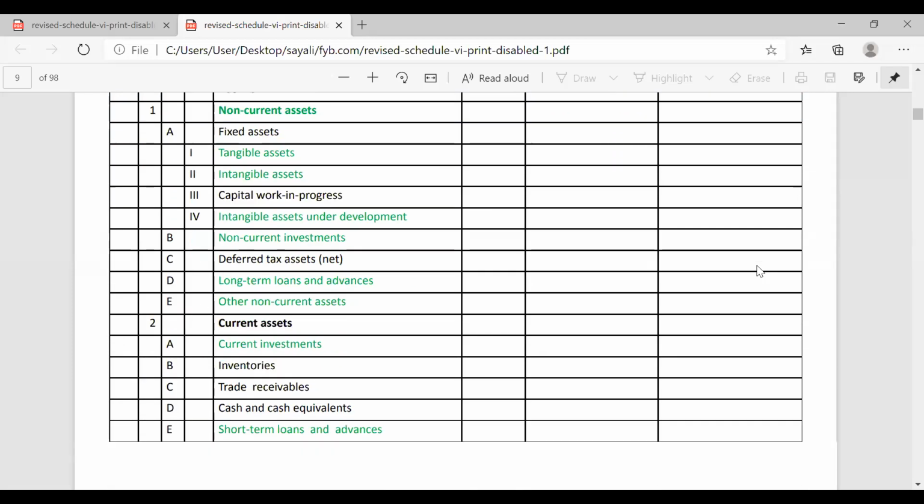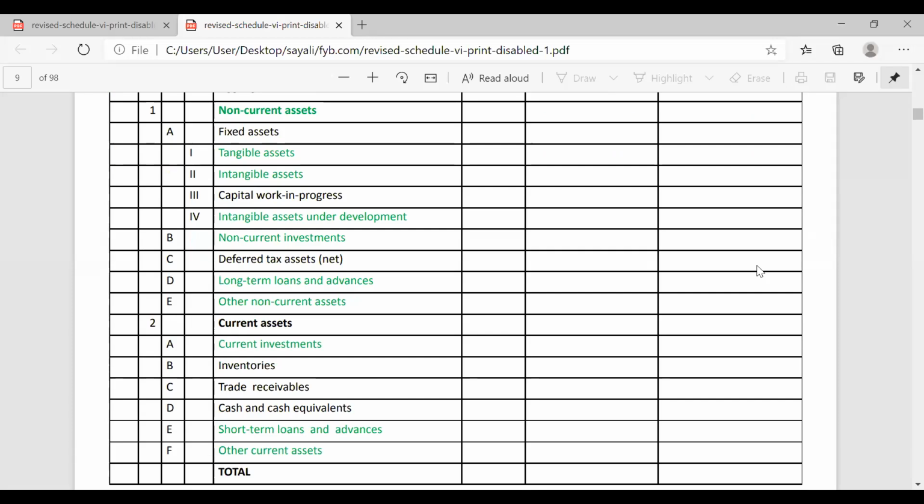Part B, non-current investments, are recorded here. If any amount appears in your question for investment in government bonds or any long-term investment by the organization, it is recorded under the head of non-current investments. Then the next point, deferred tax asset net, and long-term loans and advances.